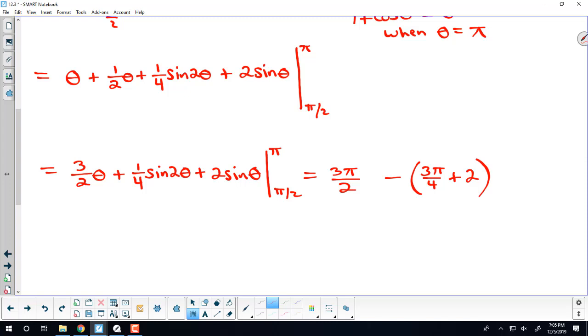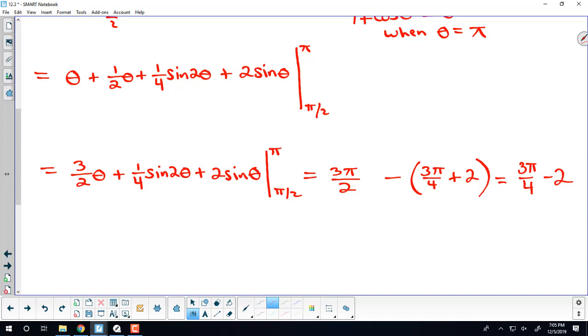What do we have? 6 pi over 4 minus 3 pi over 4, so 3 pi over 4 minus 2. And again, that area is just that portion on the cardioid.